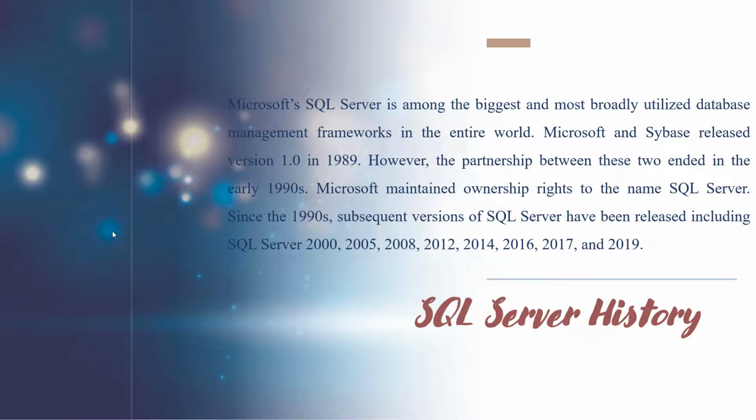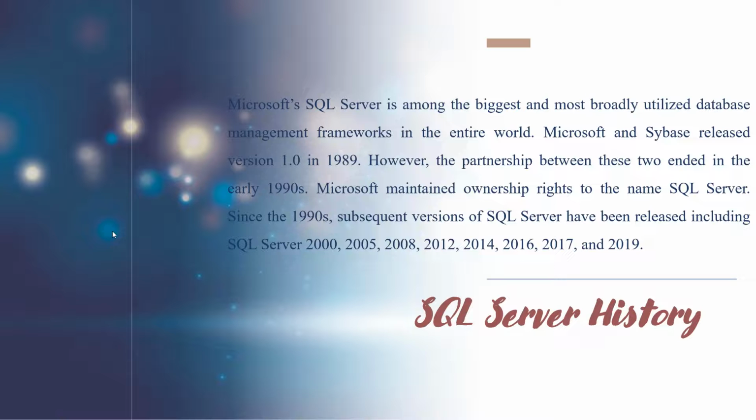Since 1990, subsequent versions of SQL Server have been released: SQL 2000, 2005, 2008, 2008 R2, 2012, 2014, 2016, 2017. Now the latest SQL Server version is 2019. This is the brief history of SQL Server, where it starts.